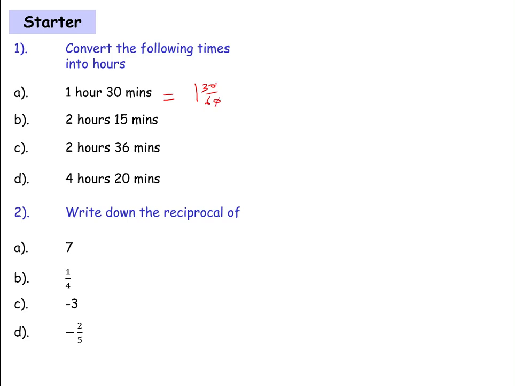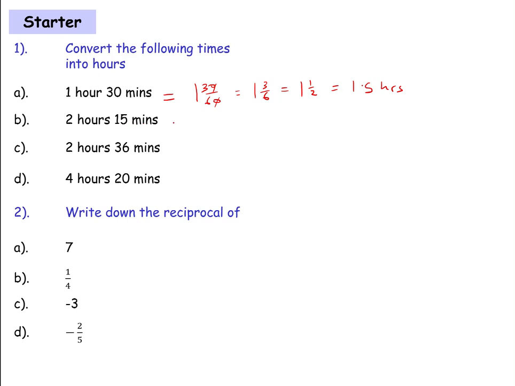Now we've got a 0 on the bottom and 0 on top. So I've got 1 and 3 out of 6, which is the same thing as 1.5. And as a decimal, I can express that as 1.5 hours.